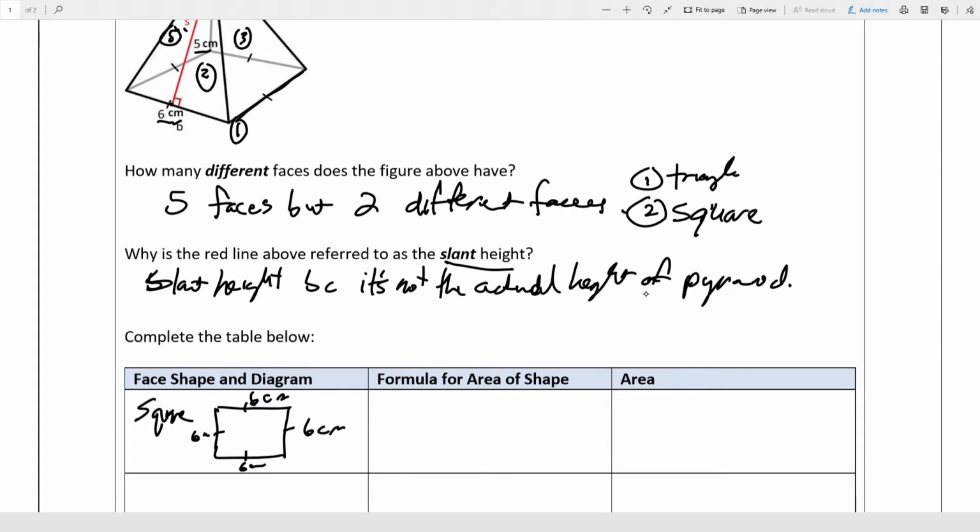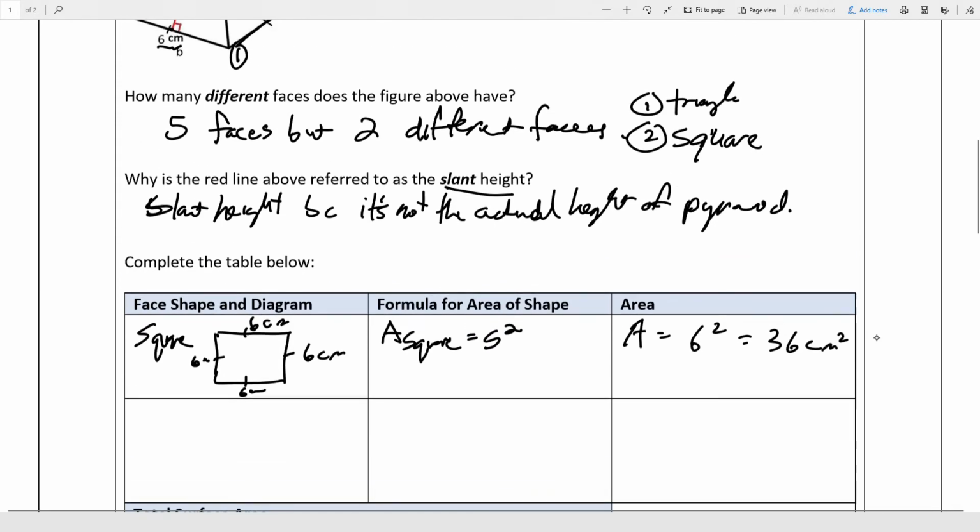The formula for the area of a square is S squared, side times side. So that's 6 times 6, which is 36. We're going to do that in the third column. So the area is equal to 6 squared, which is 36 centimeters squared.